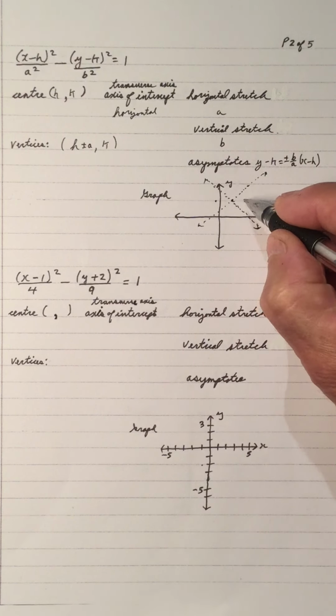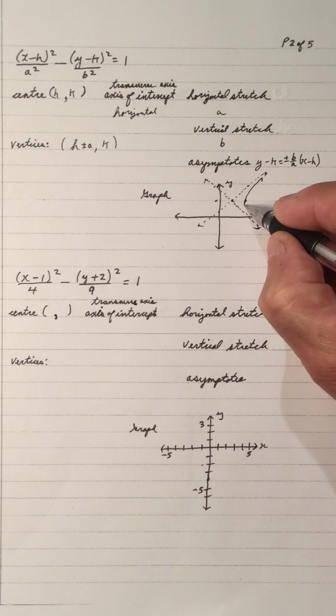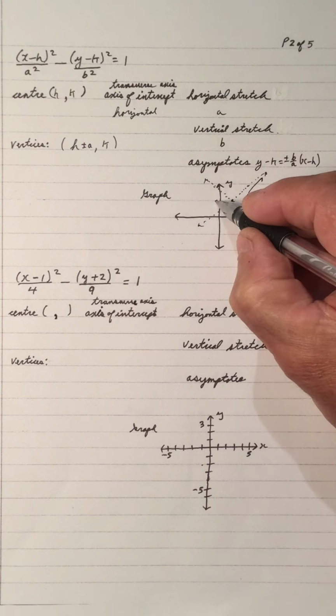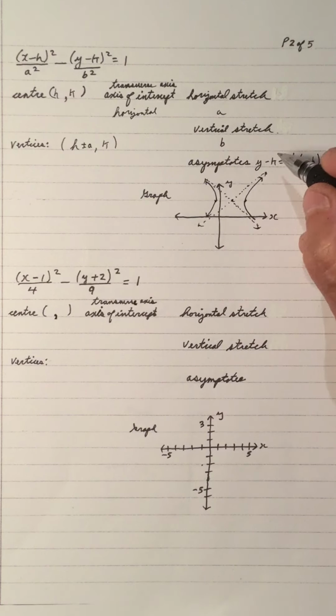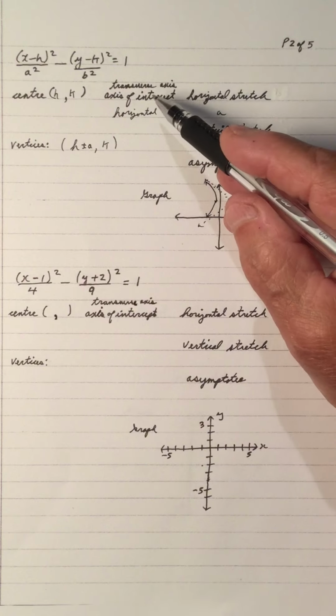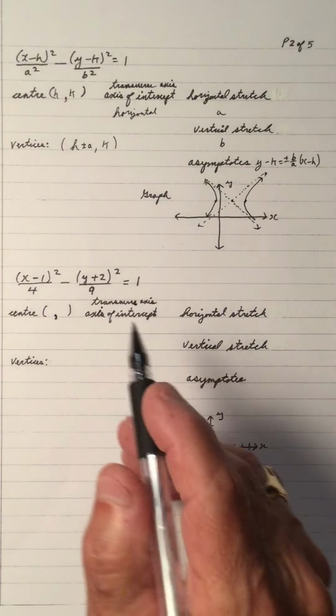So these are the vertices. It leaves and goes towards the asymptotes like this, and on the other side it leaves and goes towards the asymptotes, because there are two sides to it. That's the sketch of this hyperbola.